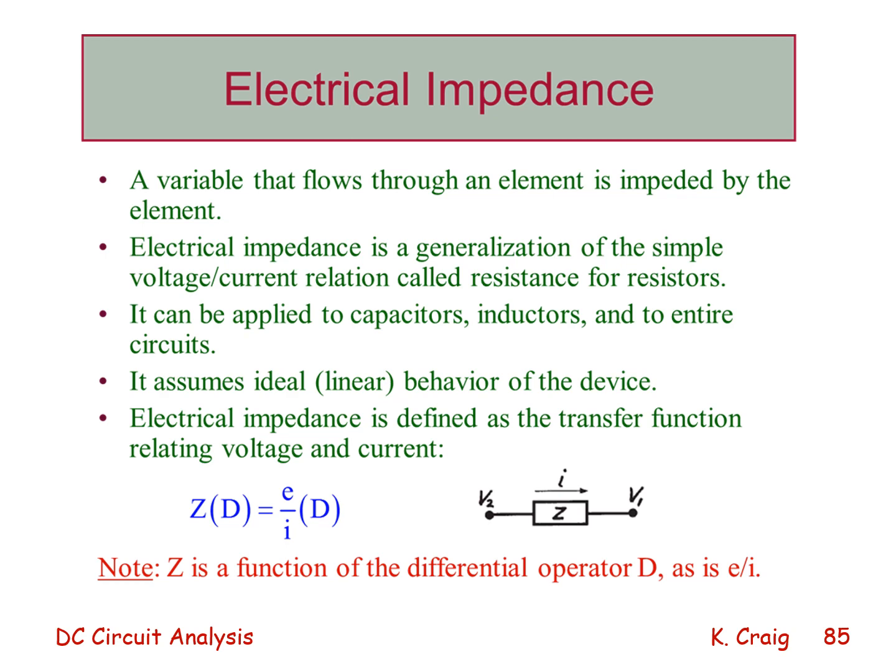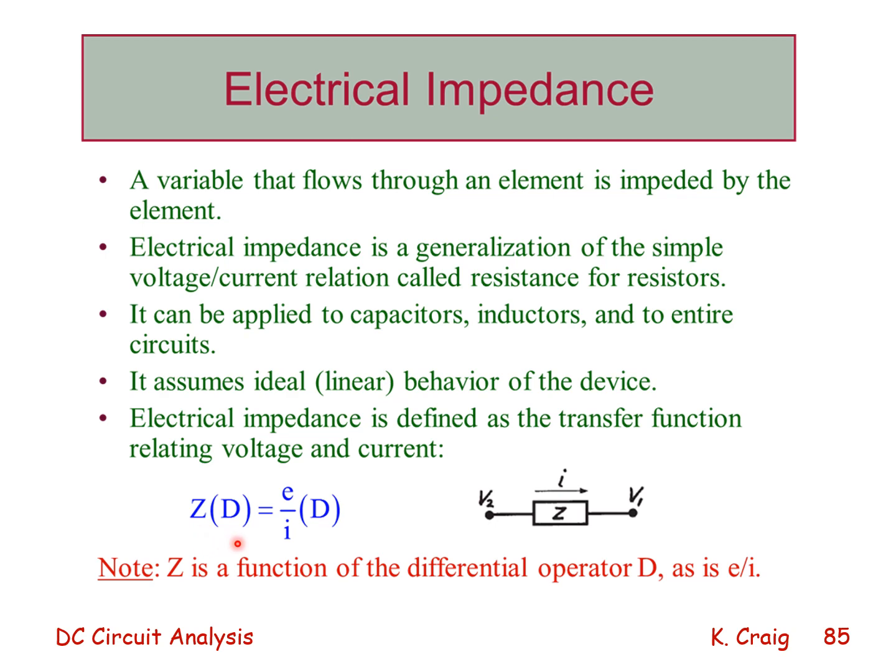Electrical impedance is defined as the transfer function, a term you'll become familiar with. It's just the ratio, the algebraic ratio of an output over an input. The transfer function relating voltage to current is given here, and it's given as a function of D, which we've said is an algebraic term.